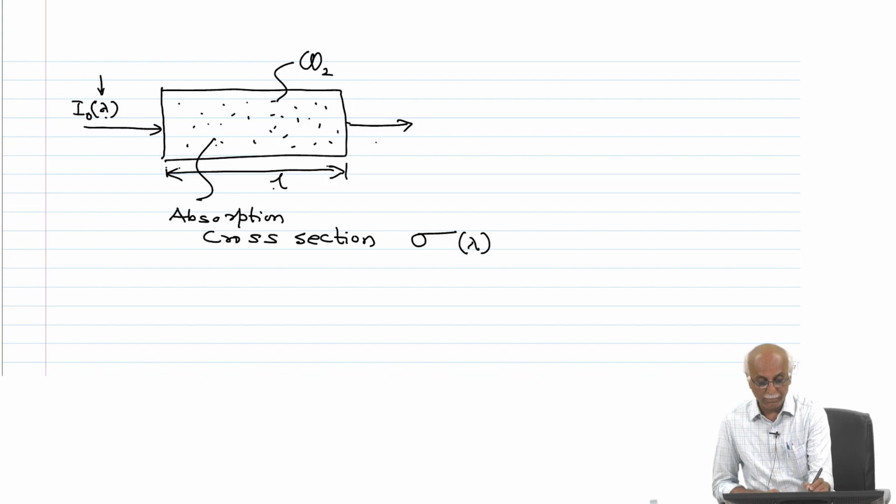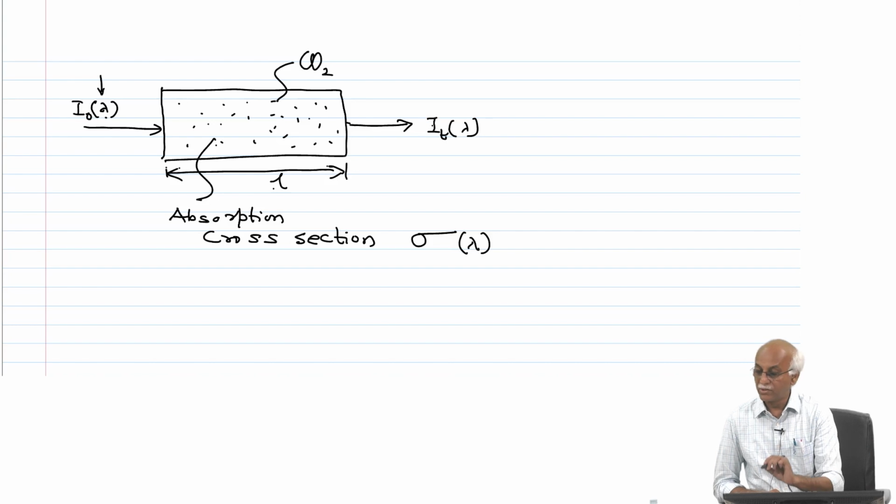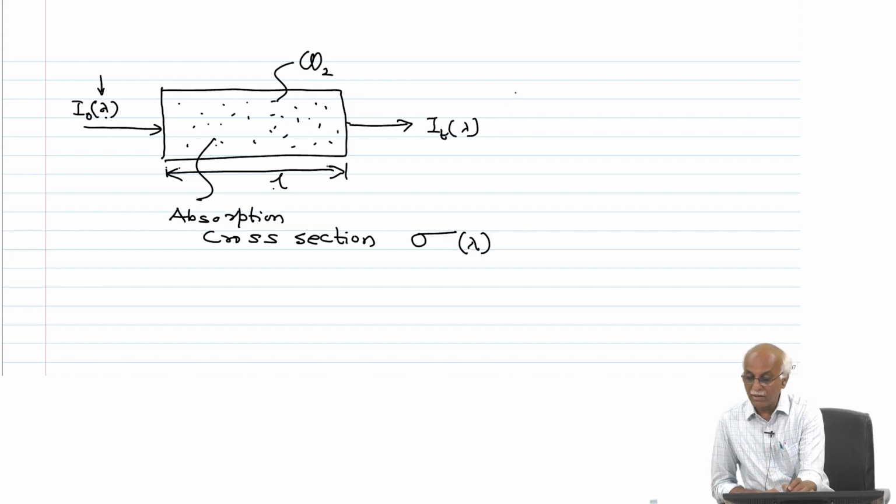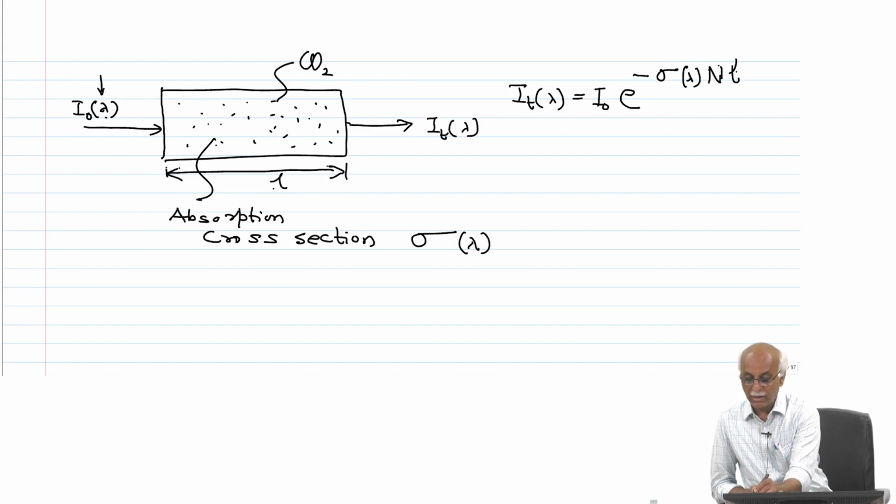The transmitted light intensity, based on the Beer-Lambert law, is I0 exponent of minus sigma lambda into n into L.